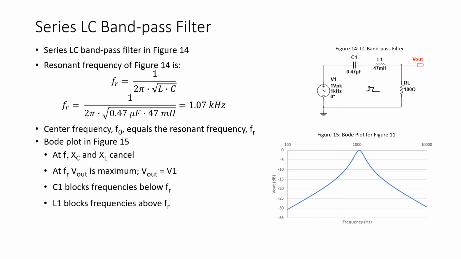So again, referring to the plot of figure 15, we see that at the resonant frequency, 1 kHz, the output is at its maximum because X sub C and X sub L cancel, and at frequencies below resonance, X sub C is greater than X sub L, X sub C blocks AC. At frequencies above resonance, X sub L is greater than X sub C, and the inductor blocks current.